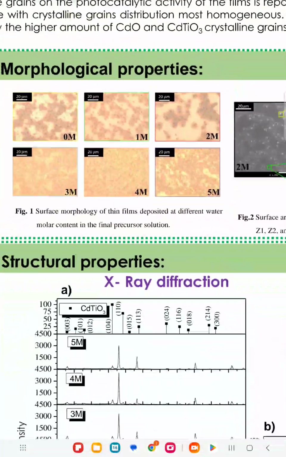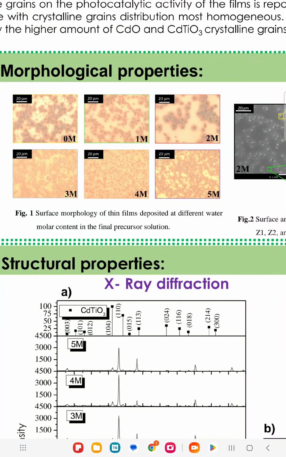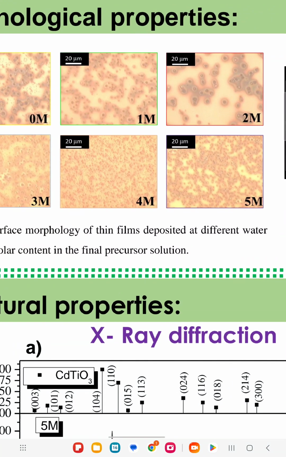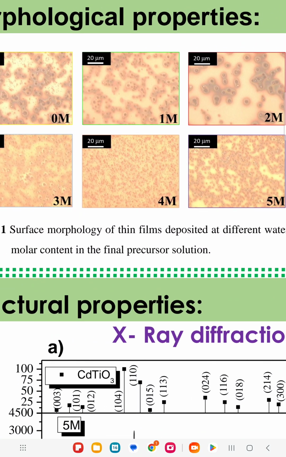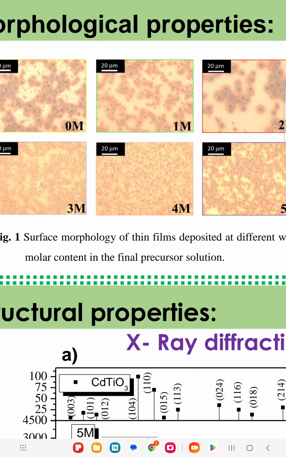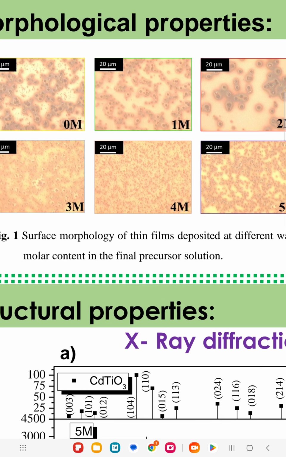We can see here in the optical images that we can differentiate the three zones for most of the films, except for the 4M film, where we have a lot of these grains distributed along the surface of the film, and we cannot differentiate between these three zones.